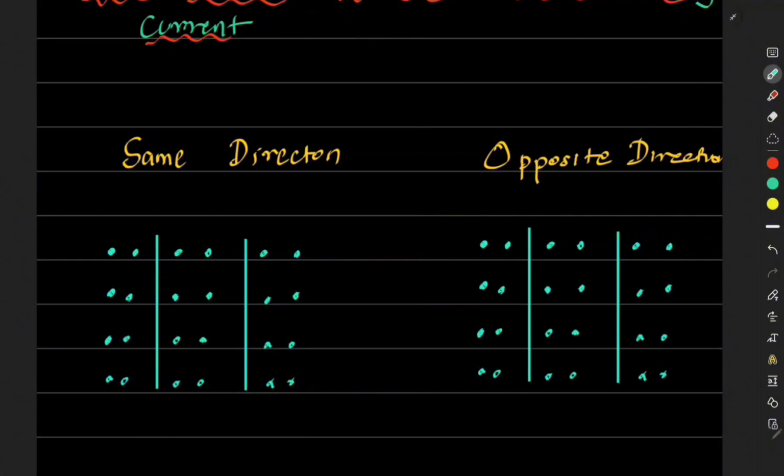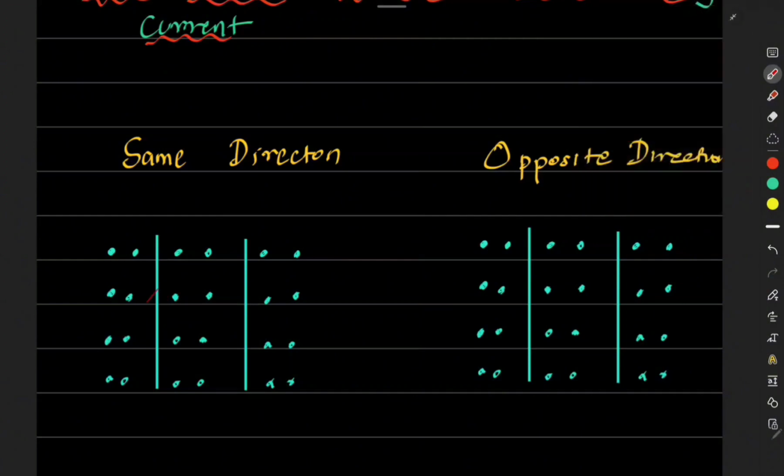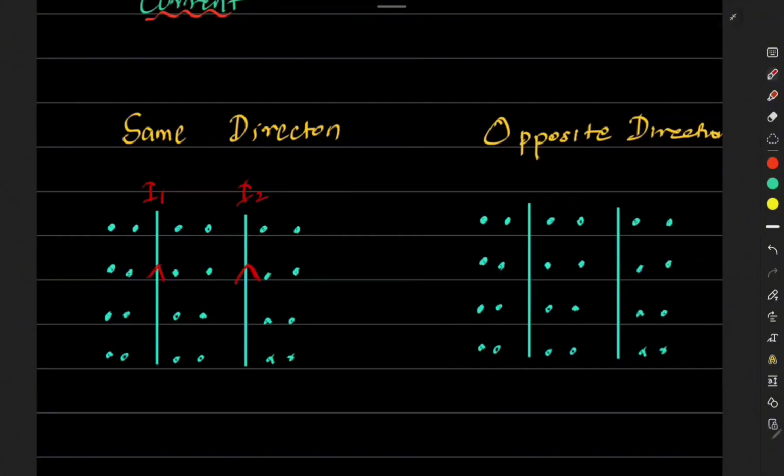This is a current carrying wire which carries current in the upward direction, and this is also carrying current in the upward direction, and this is I1 and this is I2. Magnetic forces between the two conducting wires will be attractive force. They will be attracted. There will be a force towards the center.